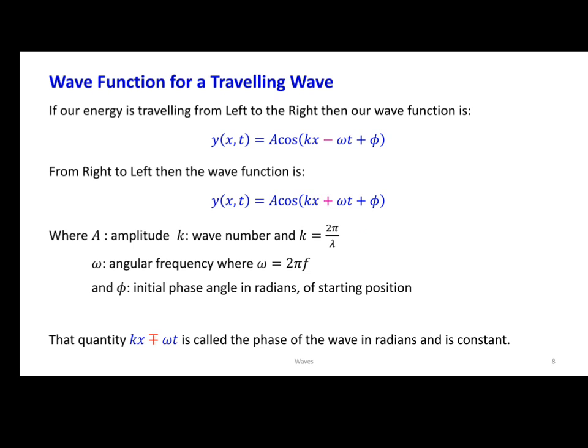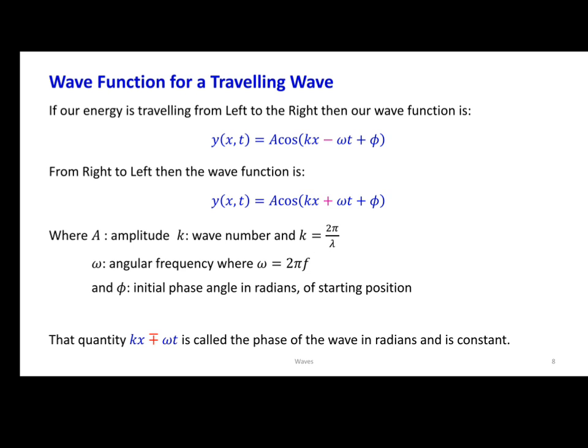And your wave function is given by y in terms of x and t, with x and t the variables, is equal to the amplitude A cos(kx minus omega t plus phi), where omega is your angular frequency given by 2 pi f, and k is your wave number given by 2 pi over lambda.